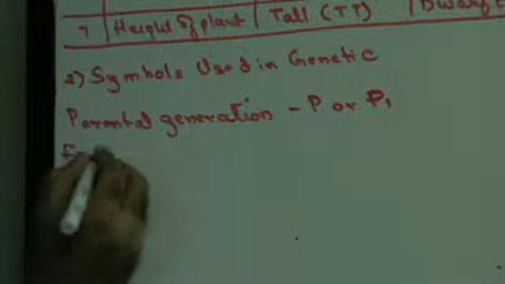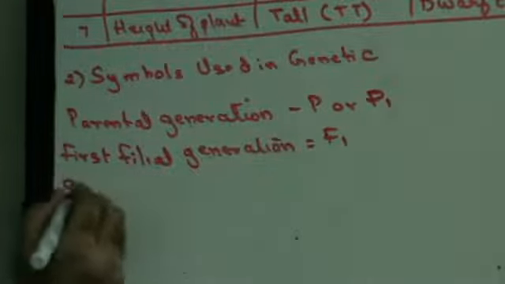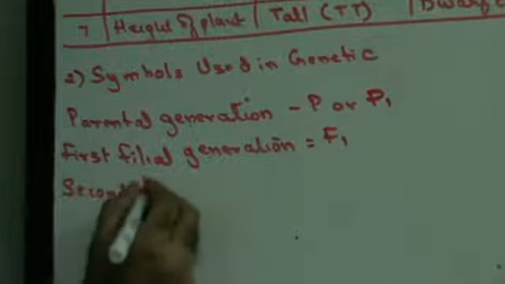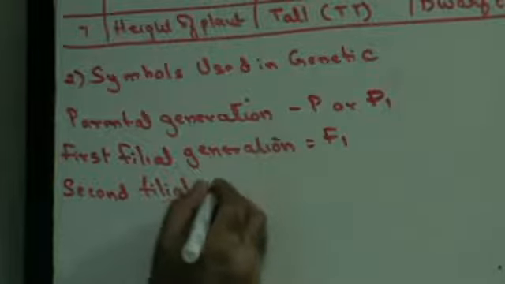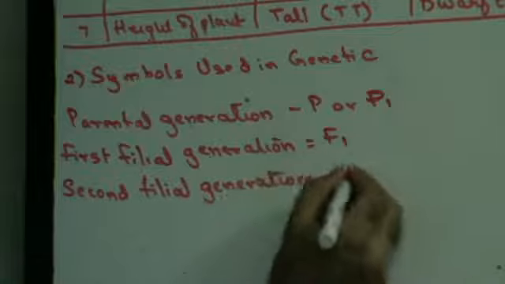Then you have first filial generation, that is represented as F1. Then you have second filial generation, which is represented as F2.